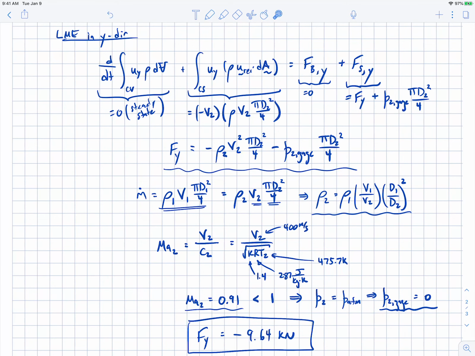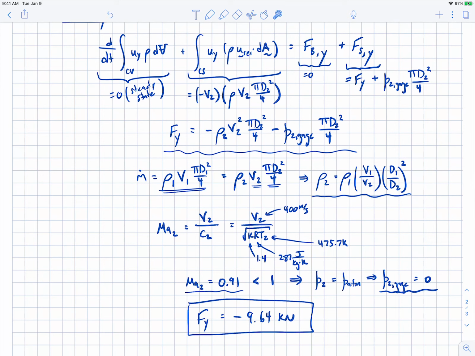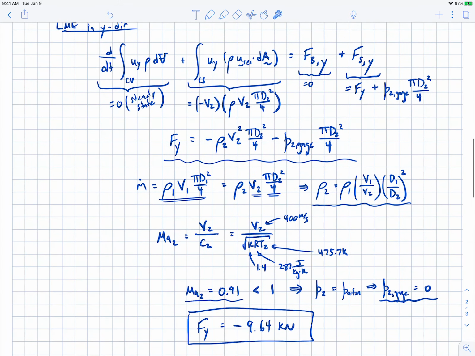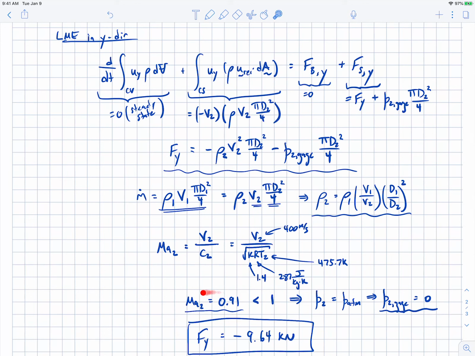And if the Mach number here was greater than 1, then things get a little more complicated. We have to see whether or not the flow is over or under expanded. And again, topics we probably haven't covered in lecture yet, so you don't have to worry about those.